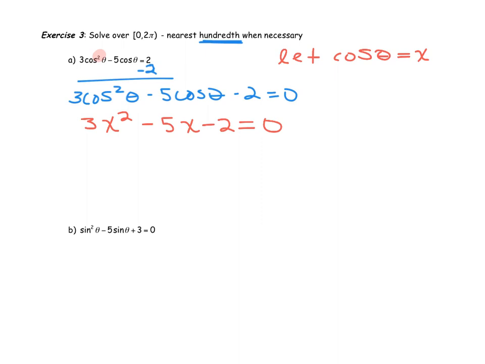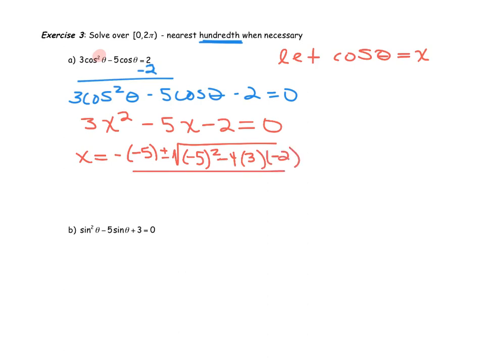So let's plug into the quadratic formula. We have x equals negative b plus or minus the square root of b squared minus 4 times a times c, all over 2 times a.